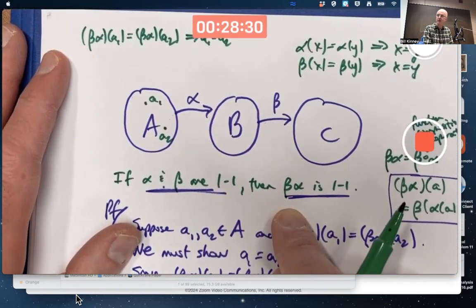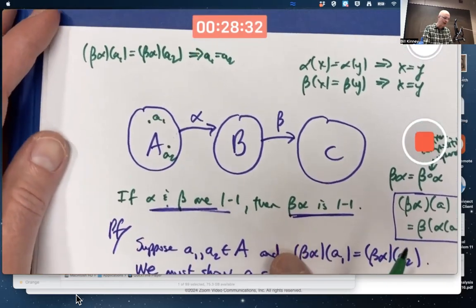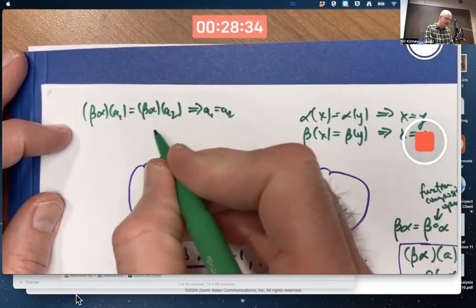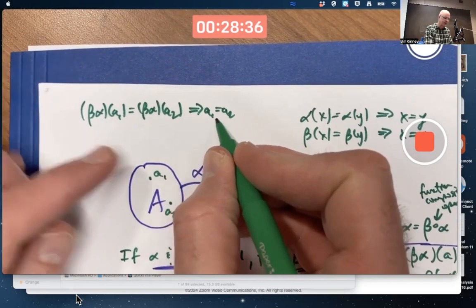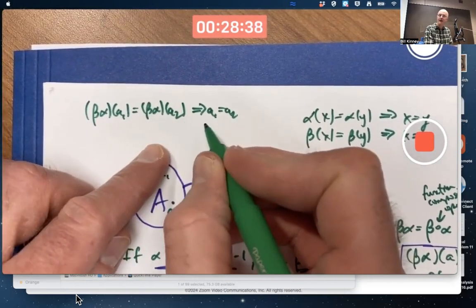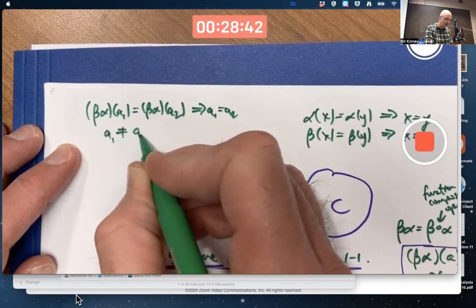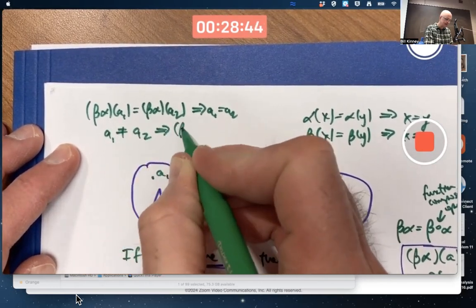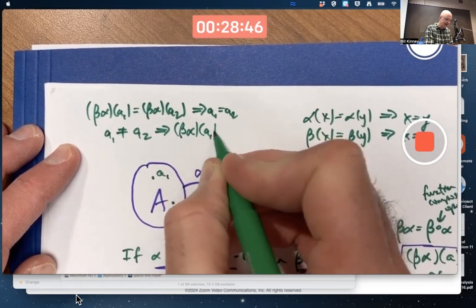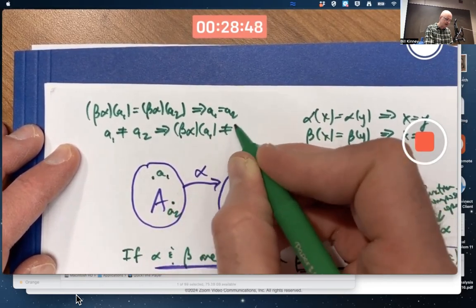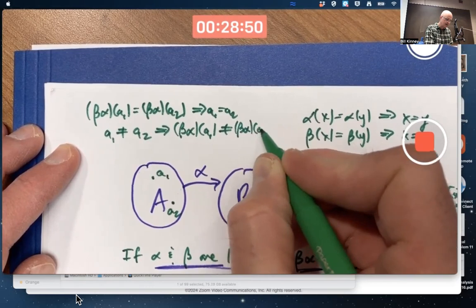But we can also try to prove it by the following implication. The contrapositive of this: switch these two things around and negate them. If A1 is not equal to A2, that implies beta alpha of A1 is not equal to beta alpha of A2.